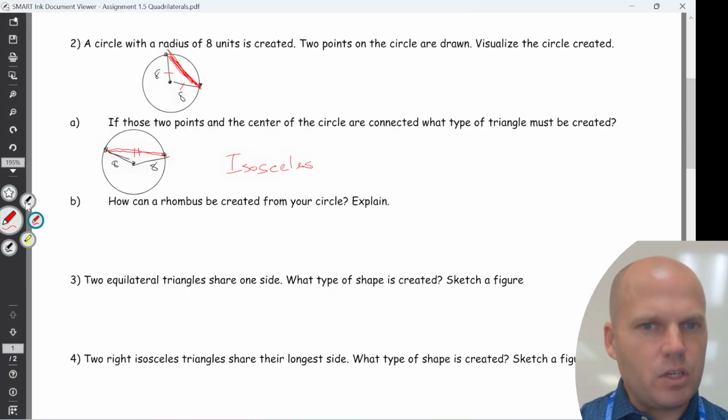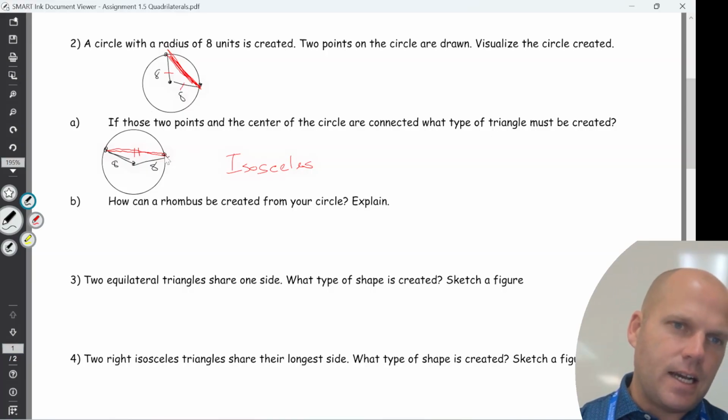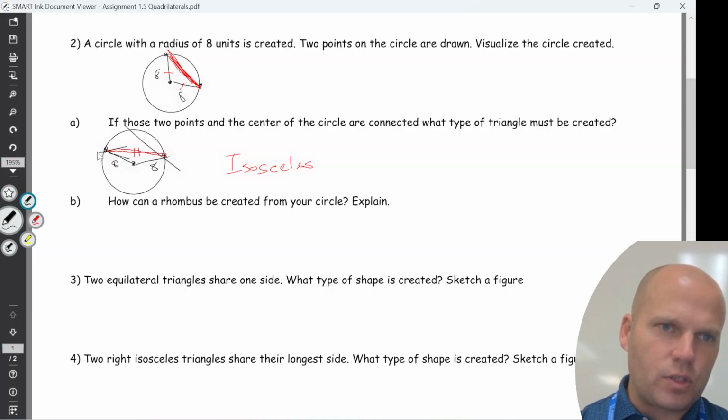Can a rhombus be created from your circle? Yes, I can create a parallel line to this line going through this point, and a parallel line to this line going through this point. That would ensure this is 8 and this would be 8.